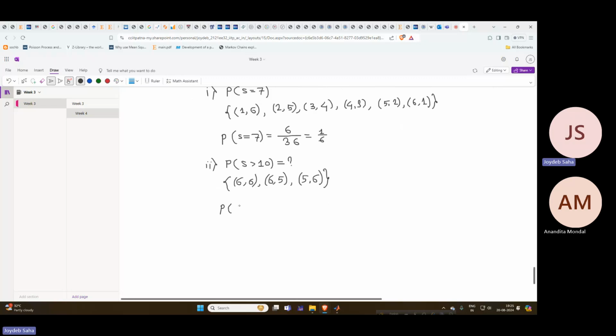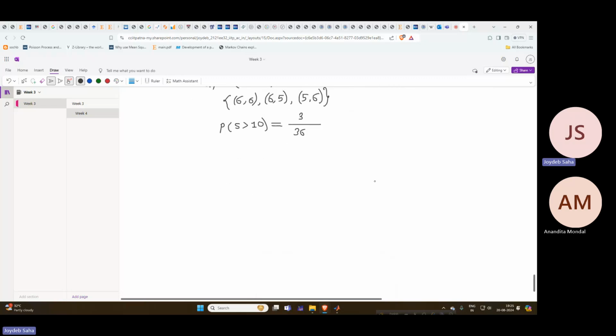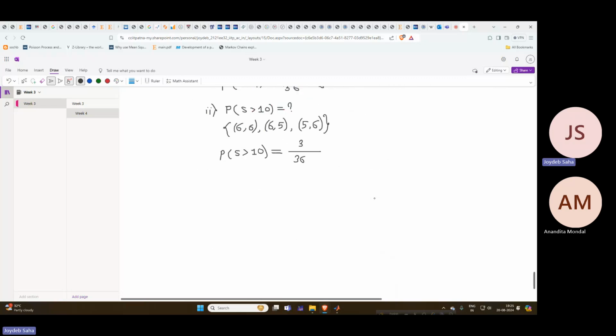So the probability that the sum is greater than 10 is 3/36. Right? Good. Now let us take another example. Example 5.